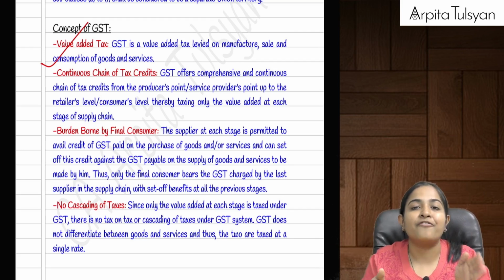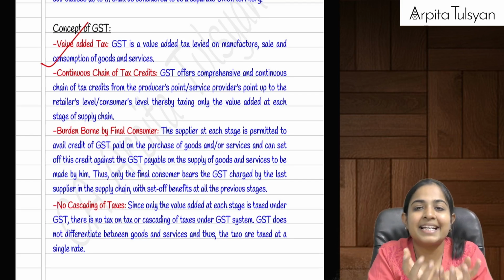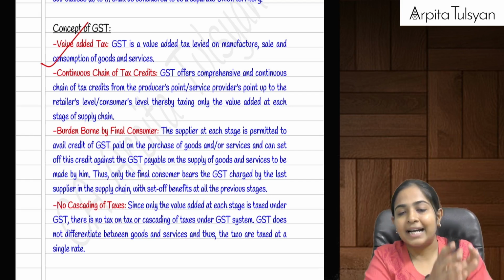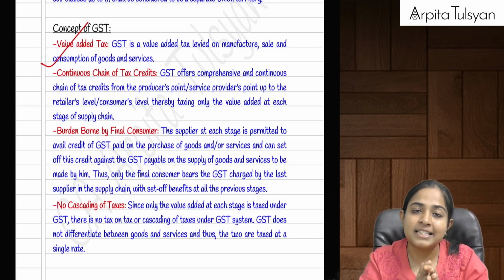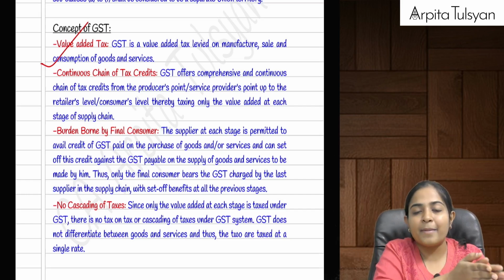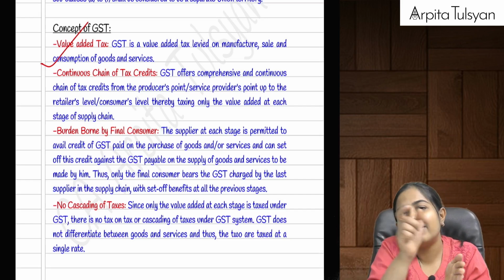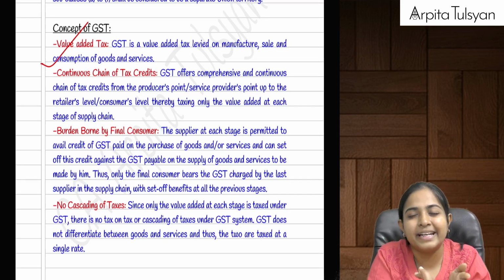When the manufacturer is manufacturing and selling a particular product, there will be a particular tax on sale which will be paid to the government. Later, the manufacturer sells it to the wholesaler, who will do some value addition and sell it to the retailer.